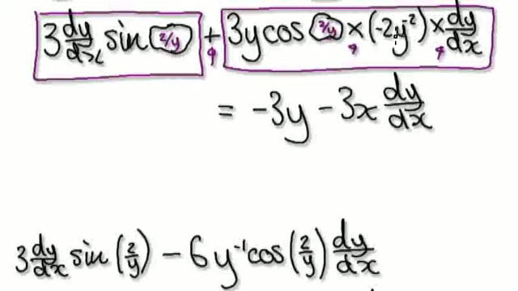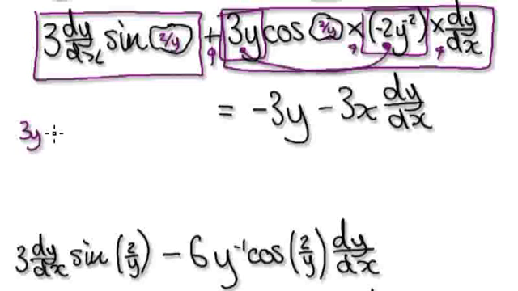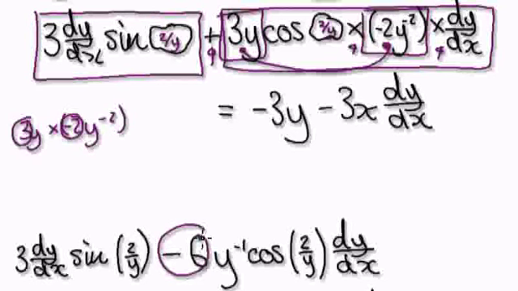And here you've got a block here, so we can merge this block with this block here. So let's merge these two together. So that will be minus 6, and don't forget, here you've got 3y times minus 2y to the power minus 2.